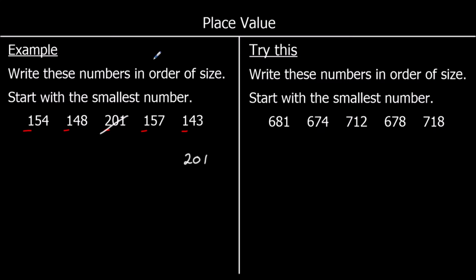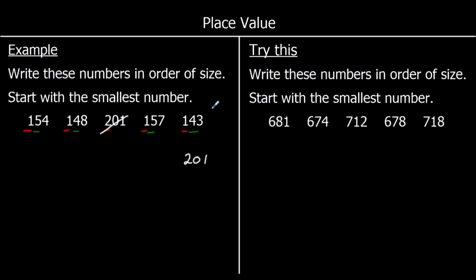Because all of these numbers are the same in the hundreds, we next look at the tens. So we've got 5, 4, 5, 4. So two numbers with 50 in the tens and two numbers with 40 in the tens. So the two numbers with 40 in the tens are smaller than both the numbers with 50 in the tens.